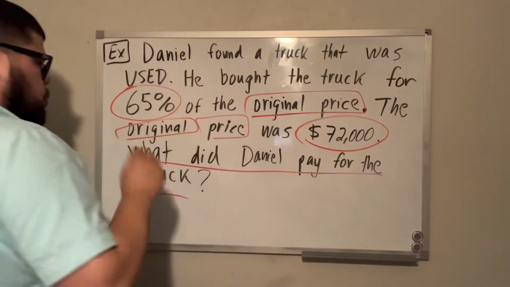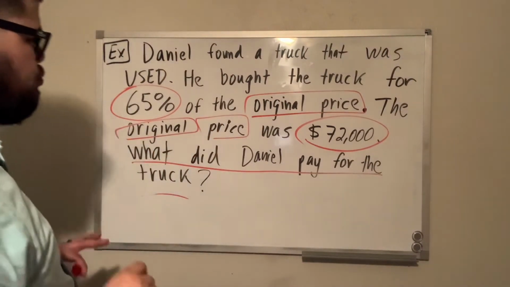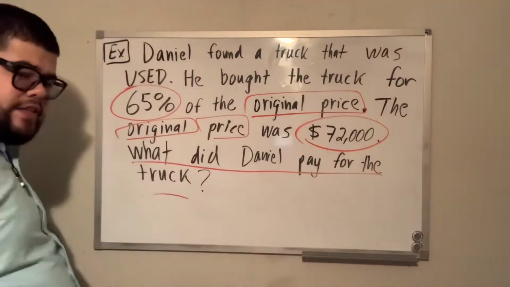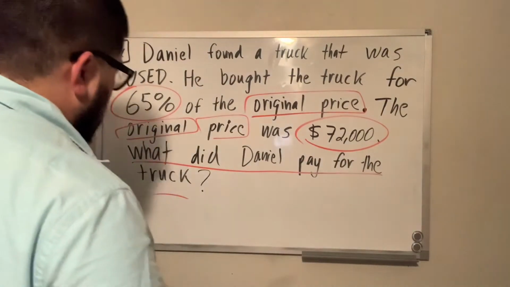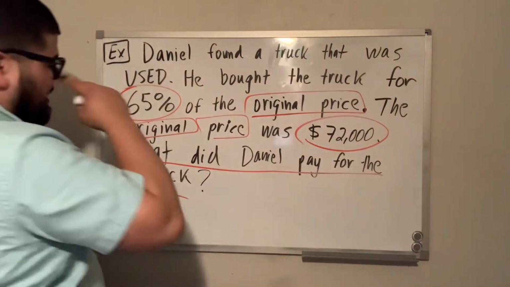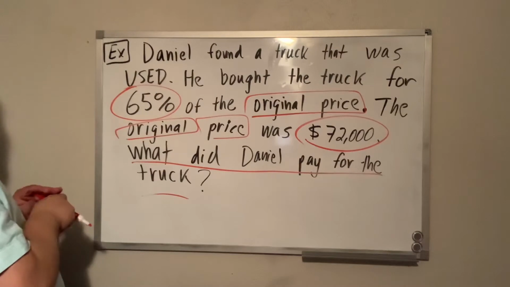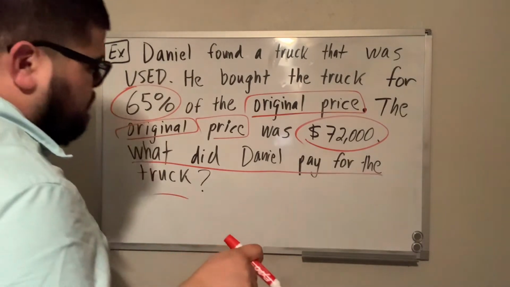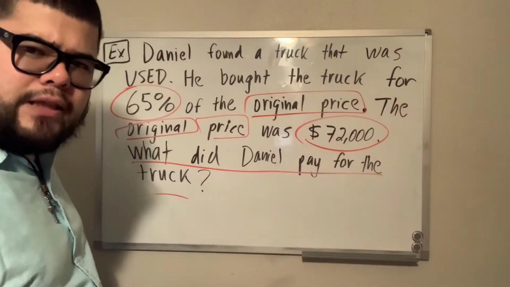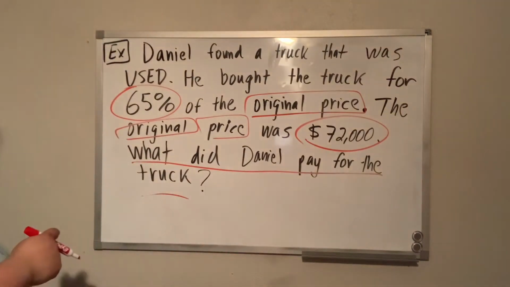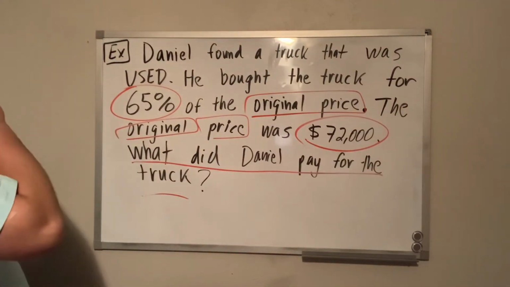That's information that they gave us, right? And so we know it. Now we're going to eliminate. It's not really anything to eliminate, because nothing is trying to throw us off.